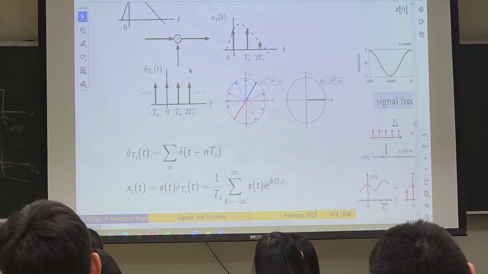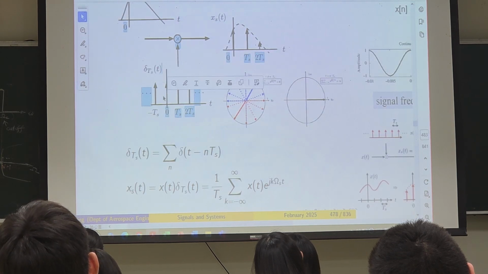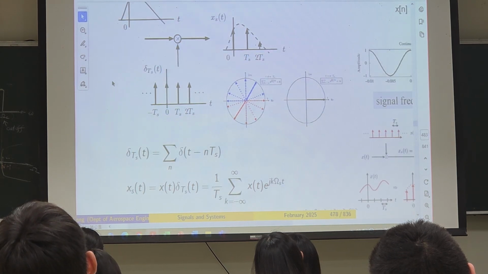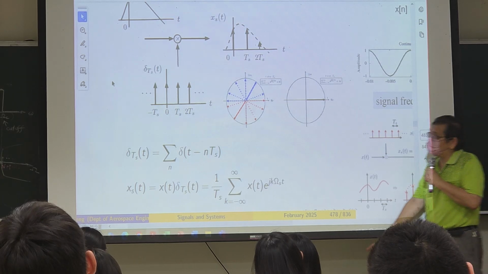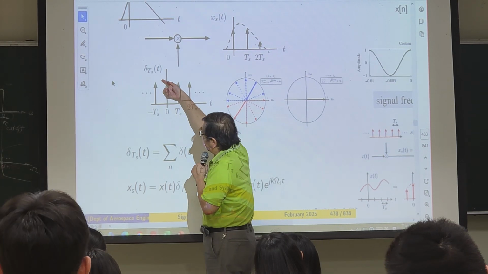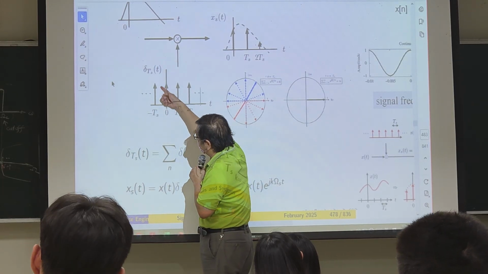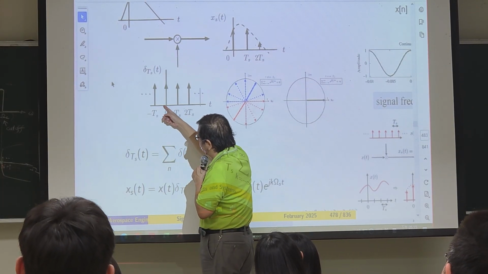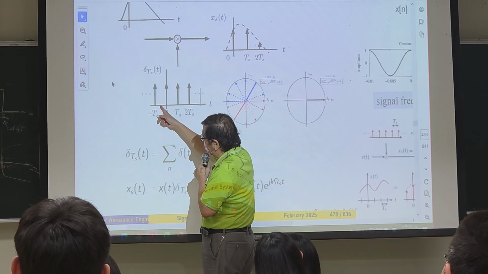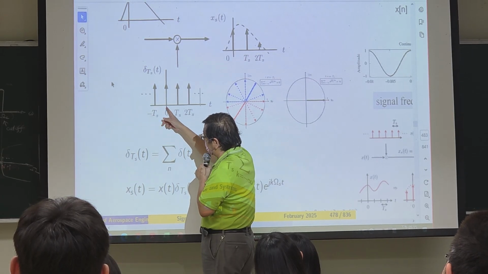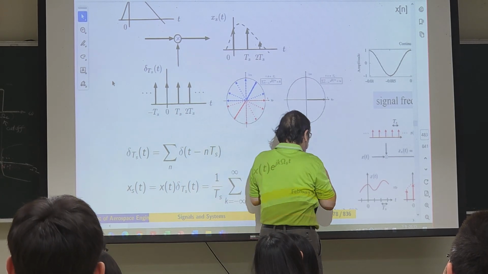Okay, anyway, what I'm trying to say is, if we integrate only from negative 1/2 Ts to positive 1/2 Ts, this is the interval for the integration.